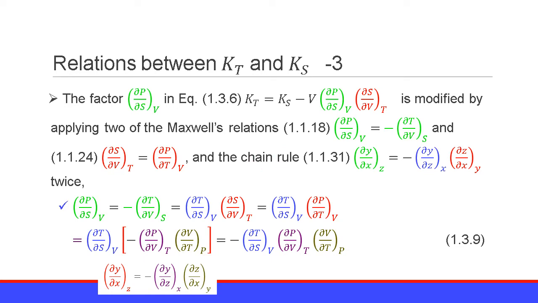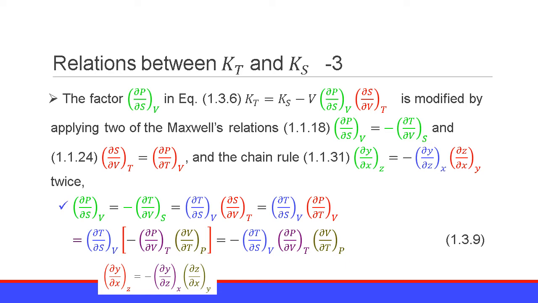One of the Maxwell's relations we use here is the partial derivative of the pressure P with respect to the entropy S at constant volume V is equal to minus the partial derivative of temperature with respect to the volume V at constant entropy S.